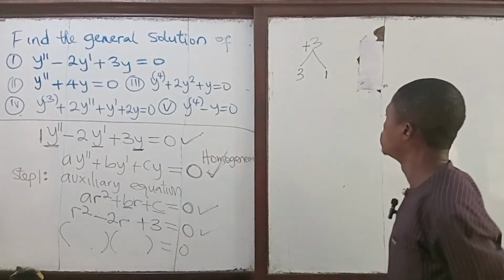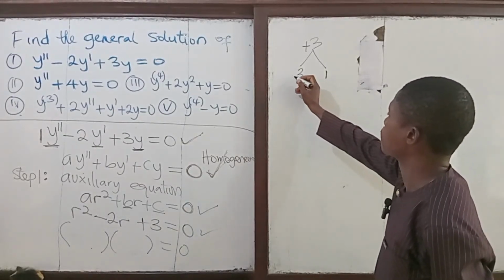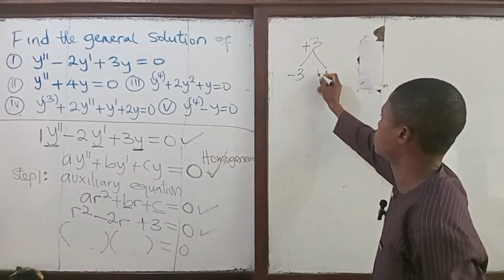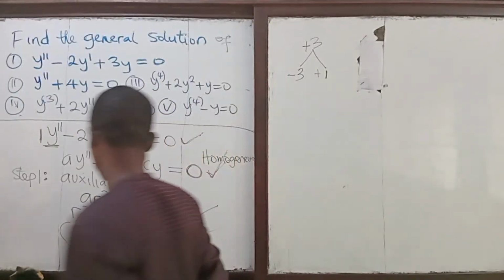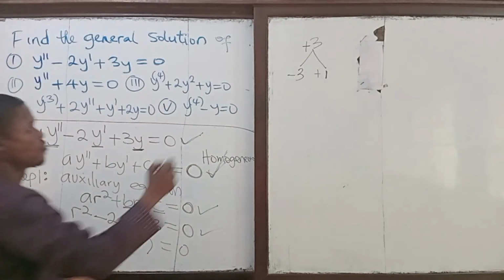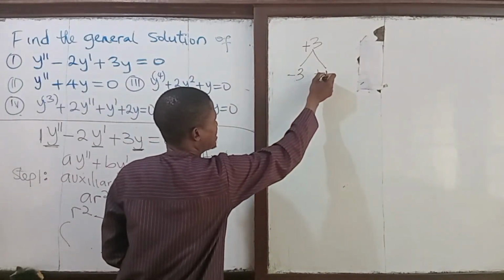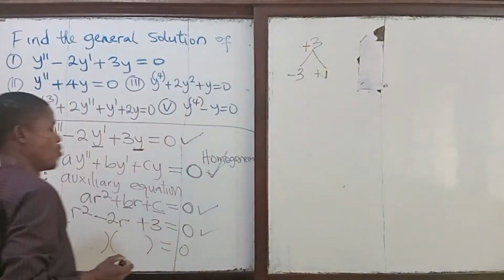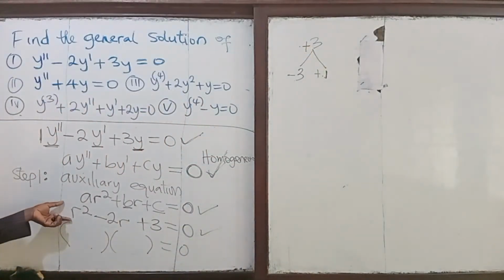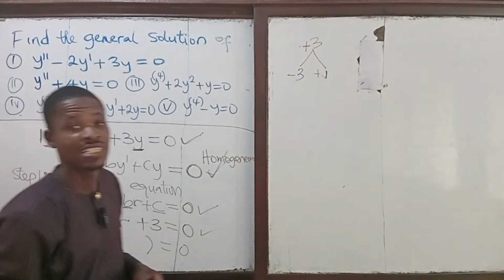We can say minus 3 plus 1, that will give us a minus 2. But when you multiply it again, will it give you plus 3? No. That makes the quadratic equation unfactorizable.